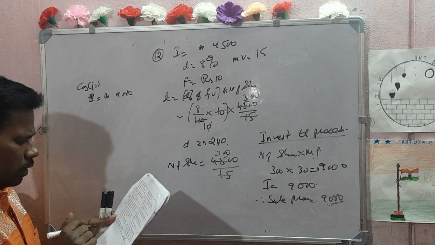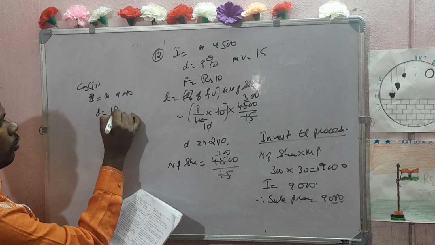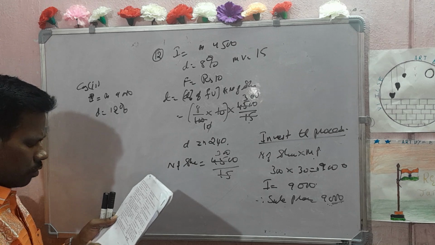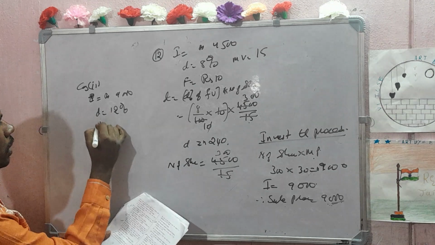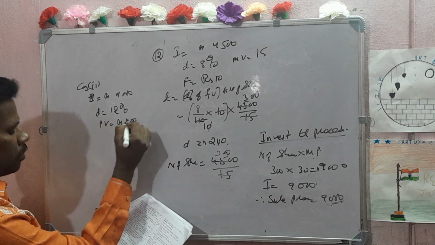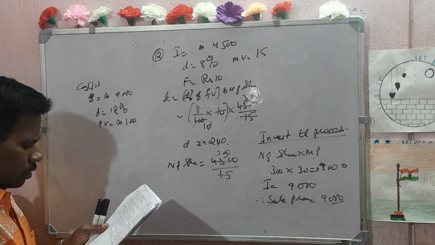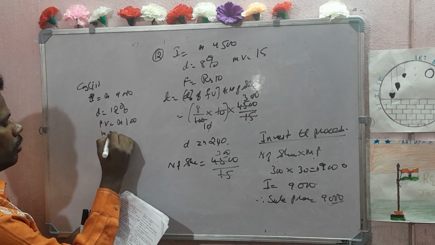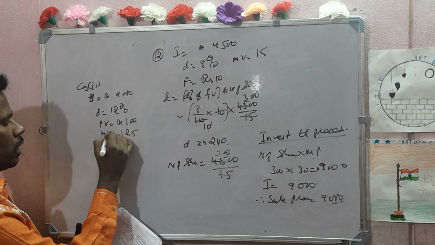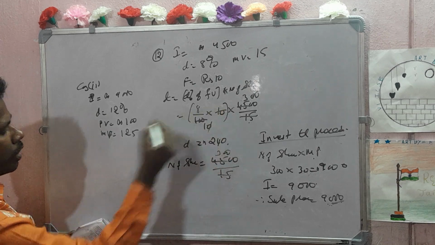Dividend is 12%. Face value is rupees 100, and market price is 125.